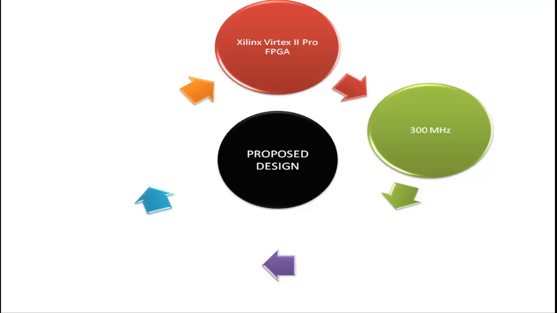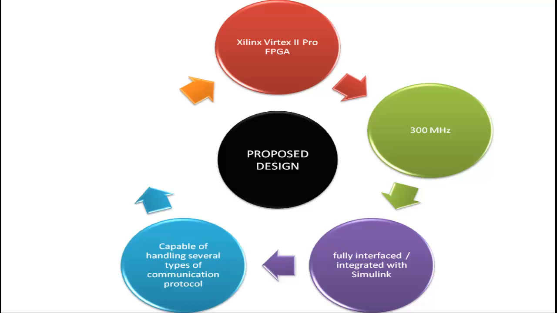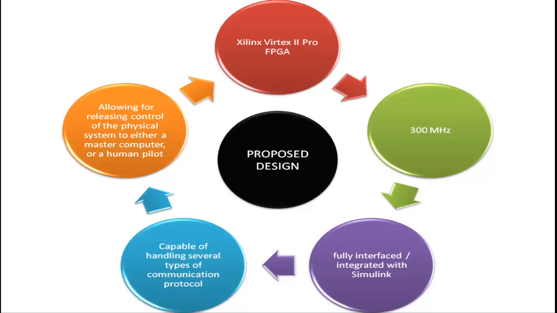The autopilot is fully interfaced with Simulink, capable of handling several types of communication protocol, accepting various ranges of analog sensor input, data acquisition by including additional memory, measuring altitude and forward speed through onboard pressure sensors, and allowing for releasing control of the physical system to either a master computer or a human pilot.